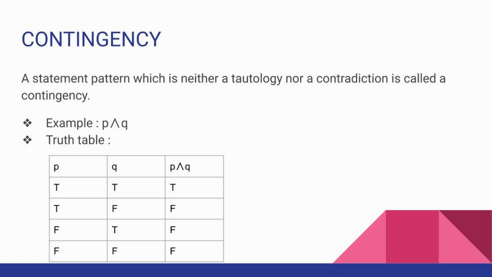Hence, the given statement pattern is a contingency. So now you can differentiate between tautology, contradiction and contingency. In tautology, truth values are true. In contradiction, truth values are false. And in contingency, it is a mix of both true and false.